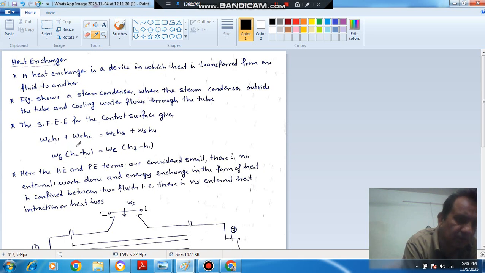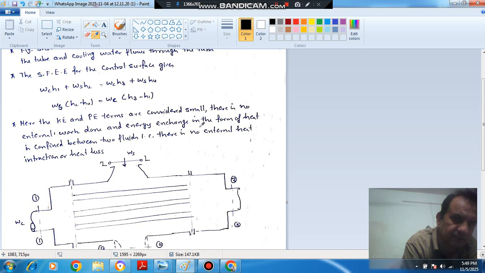The input enthalpy is WC into H1 plus WS into H2: the enthalpy of cooling water and the enthalpy of steam. At the outlet, this is the enthalpy of cooling water and this is the enthalpy of steam. So WS times (H2 minus H4) is equal to WC times (H3 minus H1). Here the kinetic and potential energy terms are considered small.